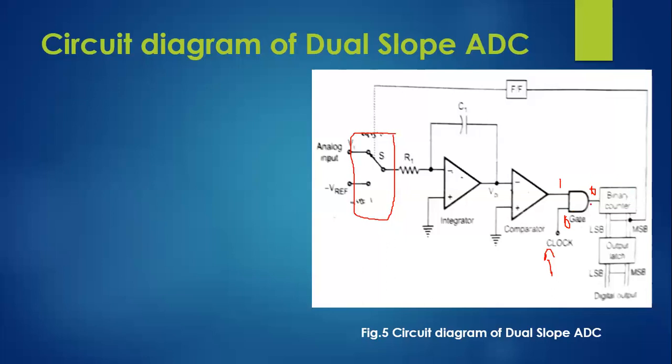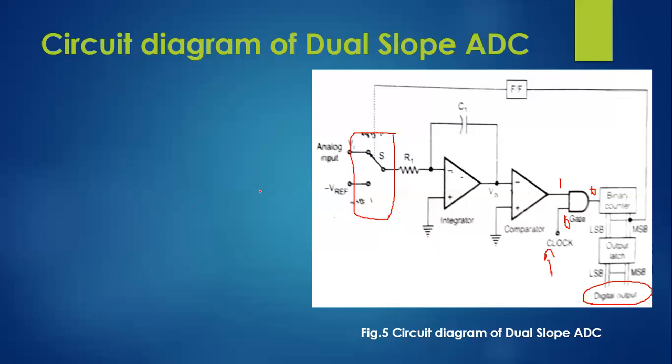The binary counter is used for the counting operation. Once the binary counter stops counting, those counts will be produced at the output latch. From this latch, we are collecting the final digital output. So these are the blocks involved in the dual slope A to D converter.